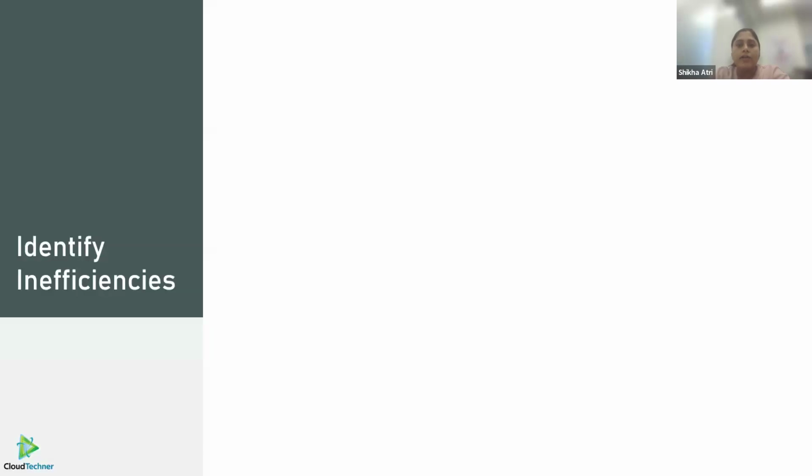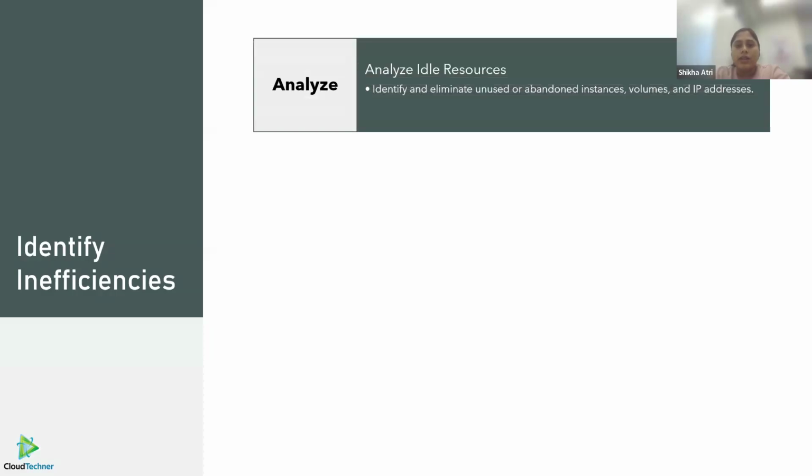Now, identifying inefficiency in your cloud environment is a crucial step in optimizing cost. So, let's take a closer look at the most common inefficiencies and how we can address them effectively. So, the first step is to identify and eliminate unused or abandoned resources. This could be unattached volumes, unused IP addresses, or idle instances that are running but not serving any purpose.